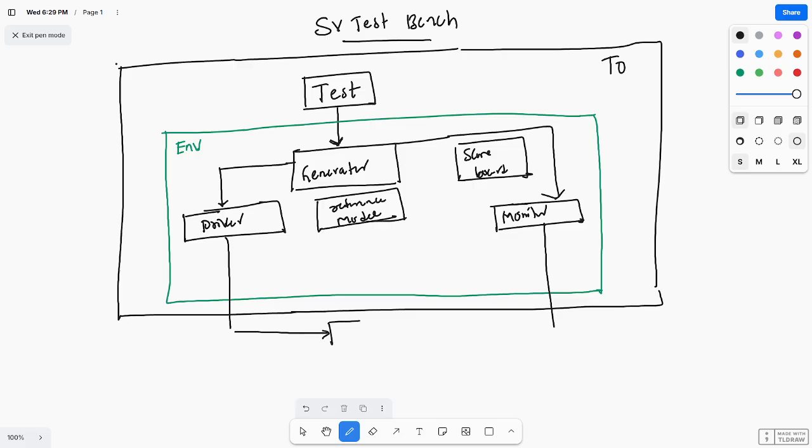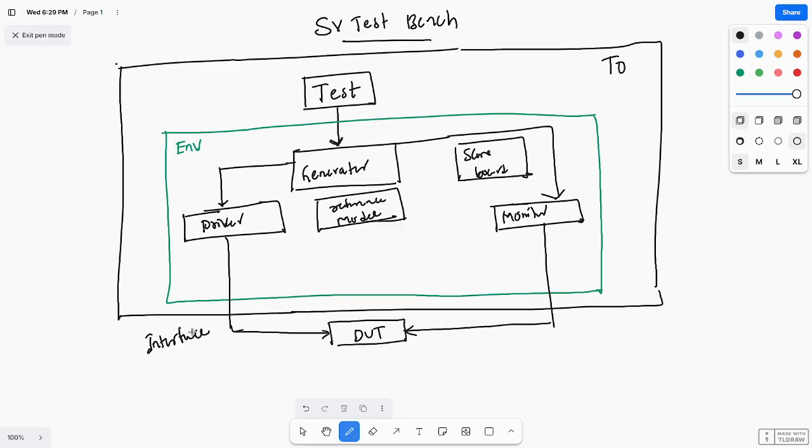DUT is nothing but design under test. How they are connected is through a concept called interface.